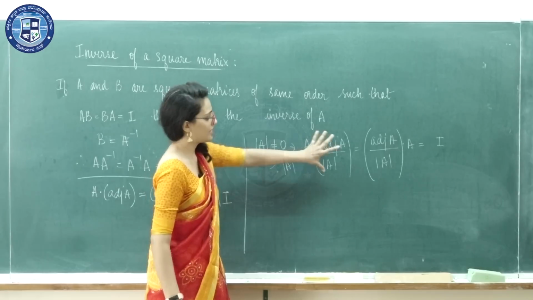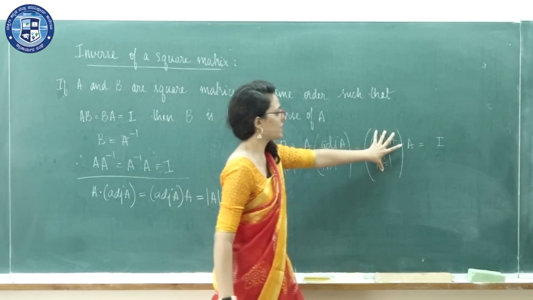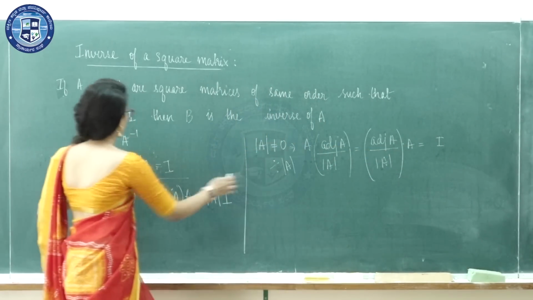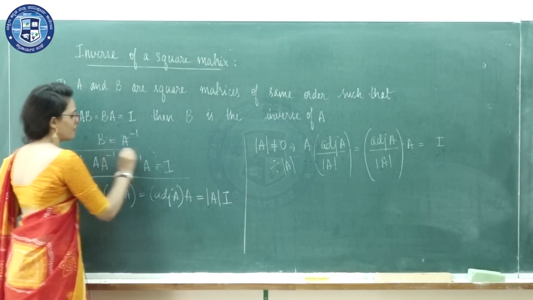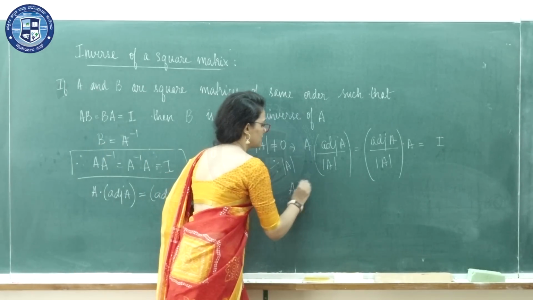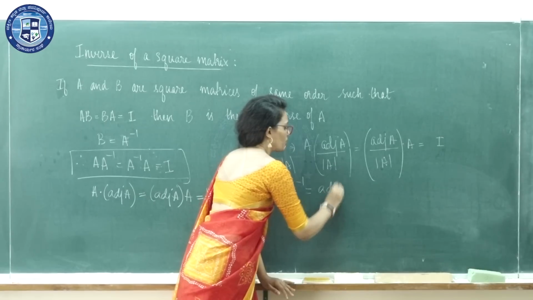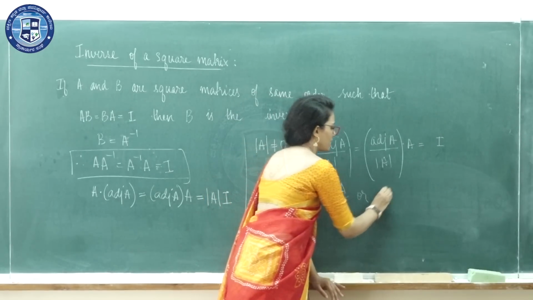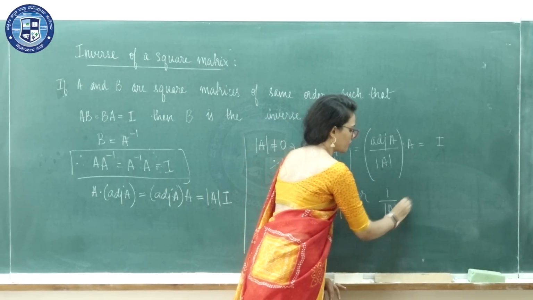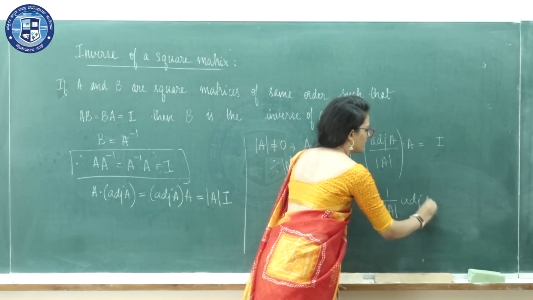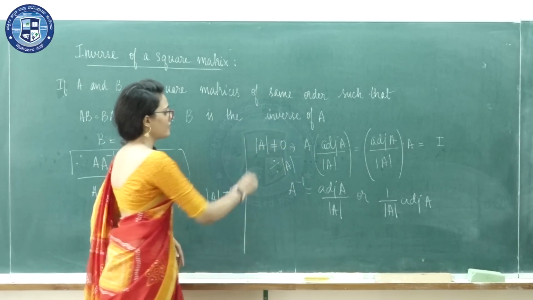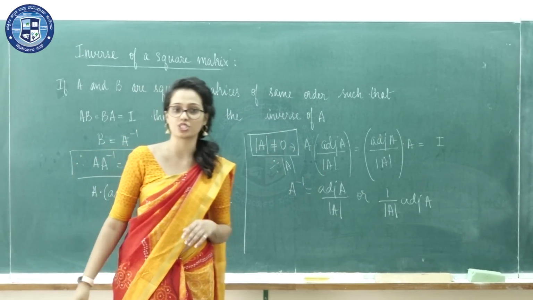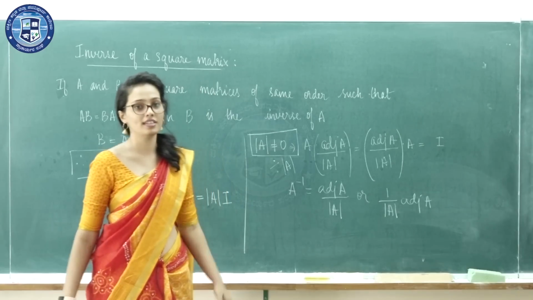So, we get A into A inverse is equal to A inverse into A, that is equal to I. So, comparing this equation with this form, we get A inverse is equal to adjoint A divided by determinant A, or you can also write it as 1 by determinant of A into adjoint A.